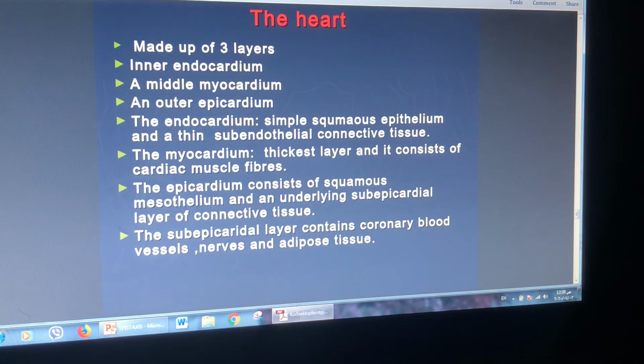The myocardium is the thickest layer, and it consists of cardiac muscle fibers. The epicardium consists of squamous mesothelium and an underlying subepicardial layer of connective tissue. The subepicardial layer consists of coronary blood vessels, nerves, and adipose tissue.